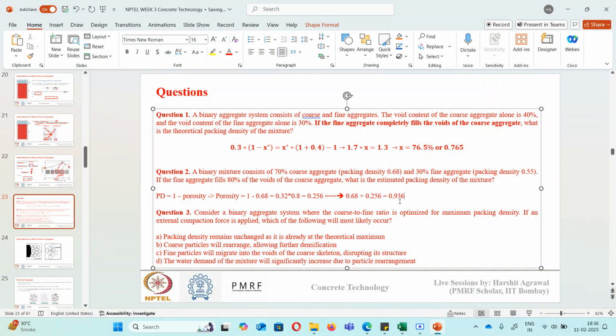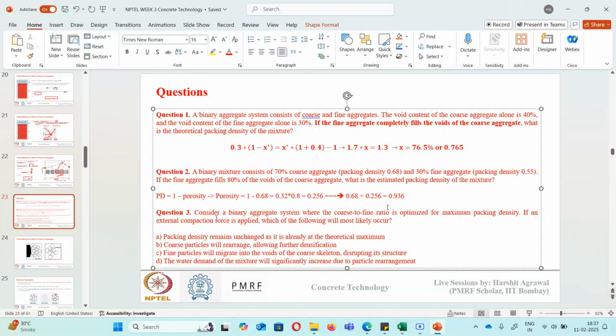So this is my total packing density of my mixture, the total solids that are there in my mixture. I first calculated how much voids are actually there in the coarse aggregate, among which 80% is occupied by my fine aggregates. So this is my total solid content, and this is my total packing density.